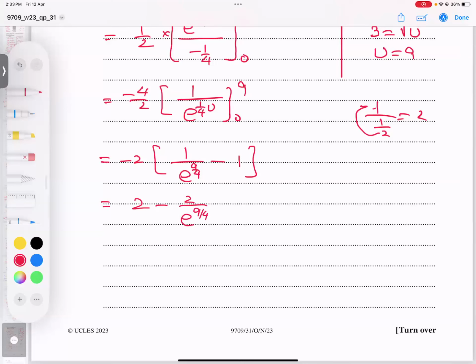In this option, you can take it common or you can leave it, no issue at all. No need to do it in full. So I think the idea is clear. This is our exact answer, because we always write area in units squared. So I believe you got the point.